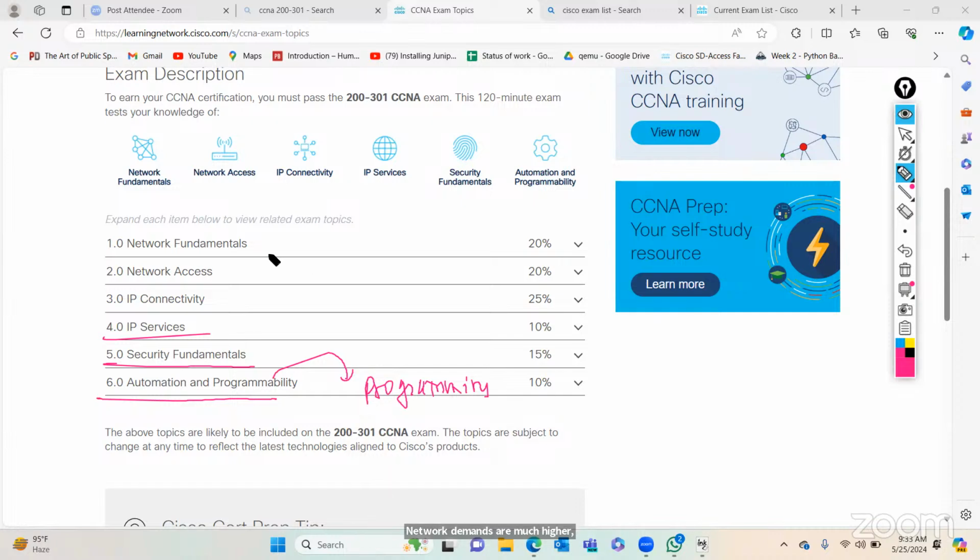That's why they are expecting that you must have a basic understanding of programming as well, like APIs and all, how APIs work, how we can automate the network. Because as human beings, we are not habituated to do the same thing again and again. We can find some ways to automate it. Similarly, we want to automate the network tasks, the day-by-day tasks, right? So that's why nowadays there's a boom in the industry for network automation.